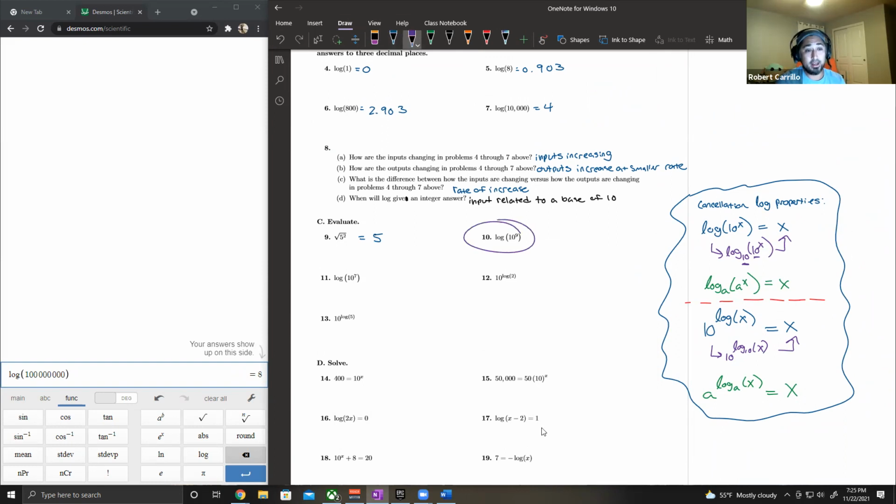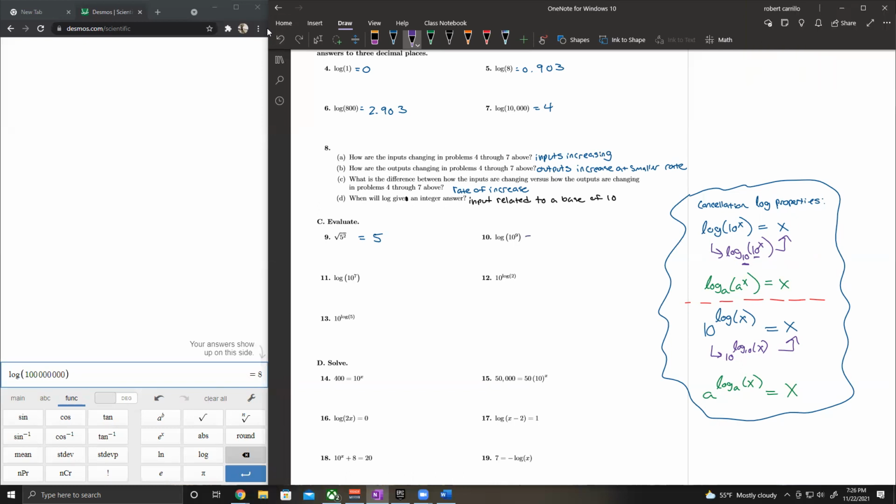Now, number 10, log base 10 of 10 to the 9th. This is going to use our first cancellation property. So log of 10 to the 9th will leave me with 9.